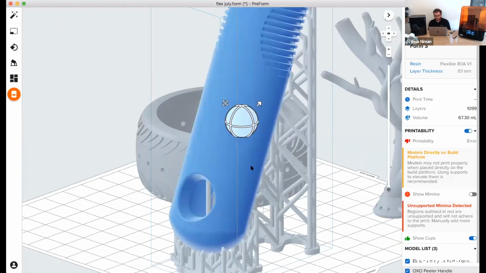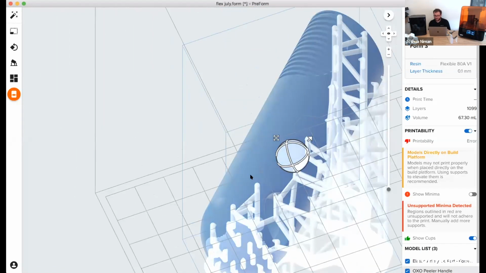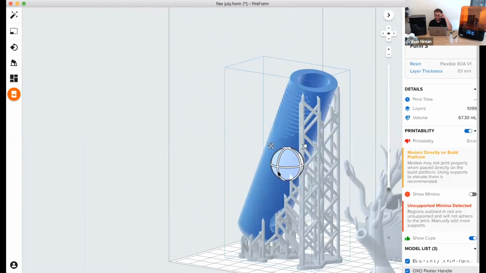So this is a part I set up just a couple days before in sort of preparation for this, so that we would have a look at one that I supported myself. And what I did here is I used standard size touch points. Normally I will go down from whatever the recommendation PreForm gives. For a lot of the harder materials, I'll go down to 0.3, 0.25, pretty small ones.